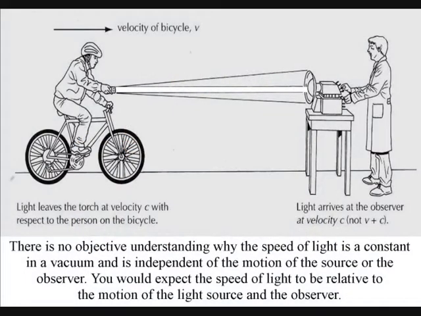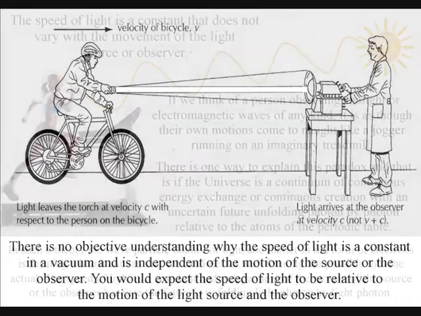There is no objective understanding why the speed of light is a constant in a vacuum and is independent of the motion of the source or the observer. This is very odd. You would expect the speed of light to be relative to the motion of the light source and the observer.